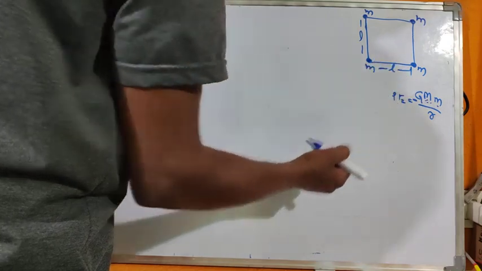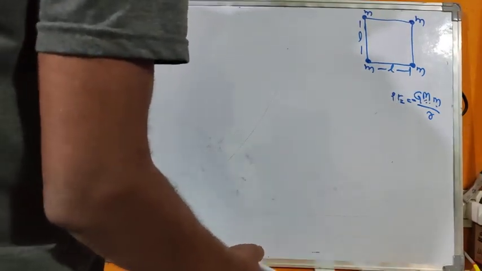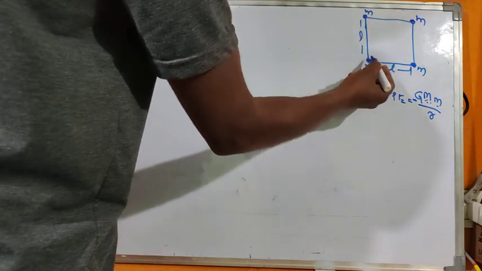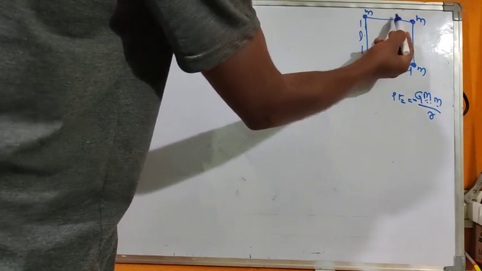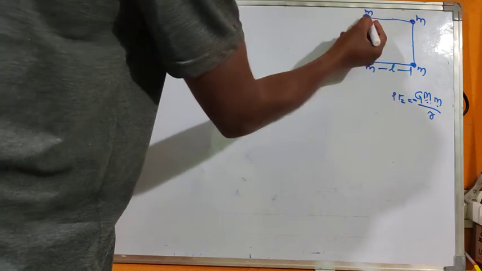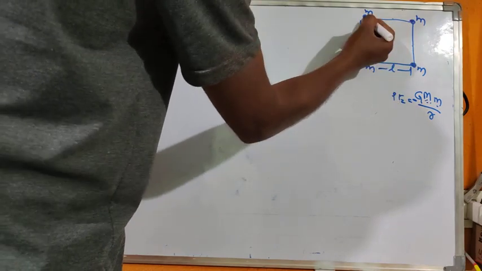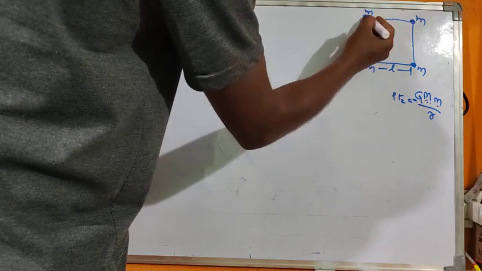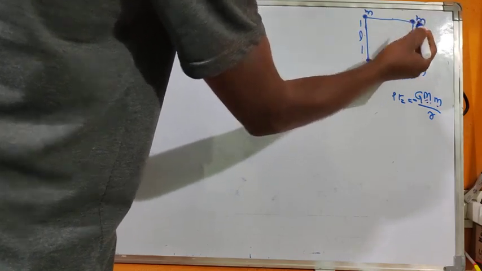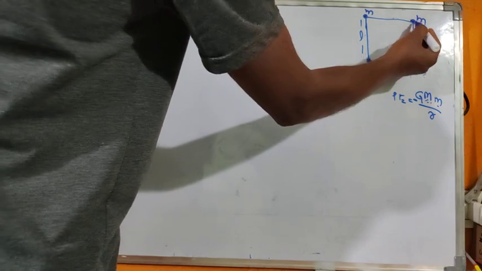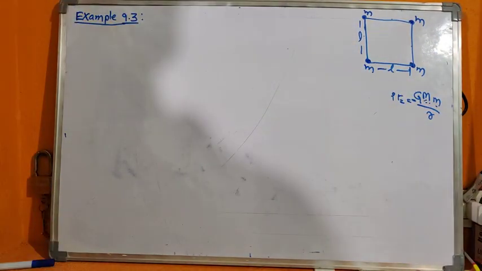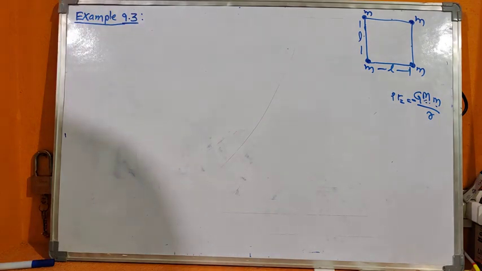So in total there are 4 potential energies: 1, 2, 3 and 4. If you consider these two masses, at L distance from this mass to here there is some potential energy, and from here to here another potential energy, like that. So we have a total of 4 potential energies.